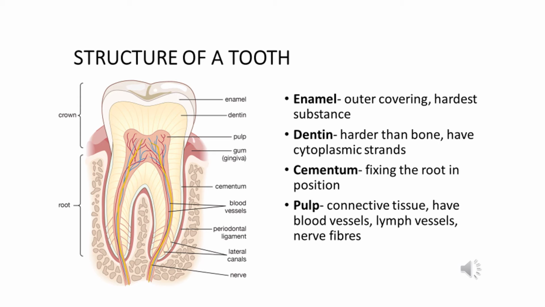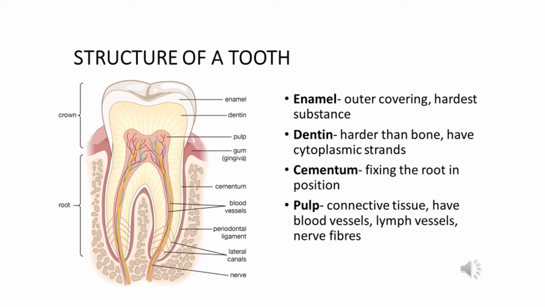The crown is the part of the tooth that we can see from the outside. The part of the tooth that is present inside the gum is called the root, and in between the crown and the root there is a very narrow portion, which is called the neck.